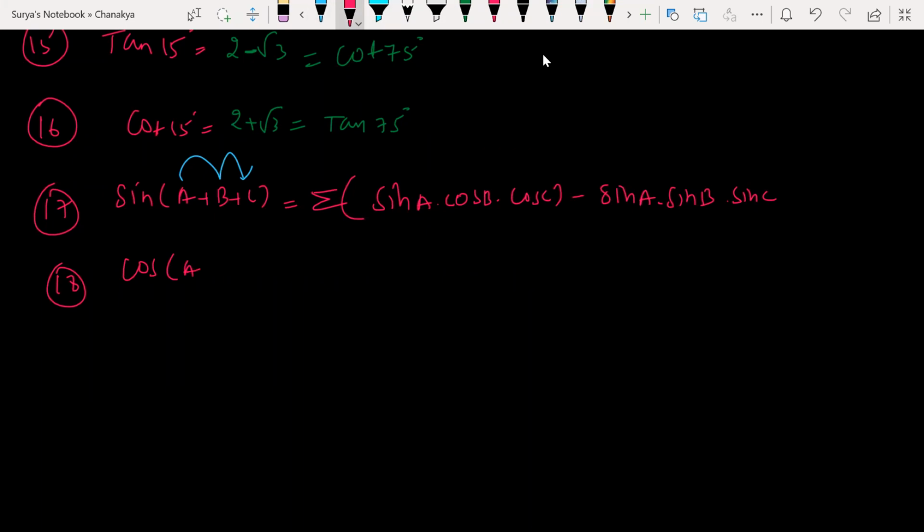For cos of A plus B plus C, the formula is cos A cos B cos C minus the summation of sin A sin B cos C. Everything is given in your textbook. Let me tell you the trick after this.